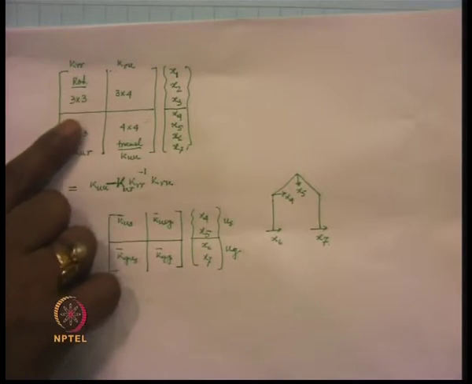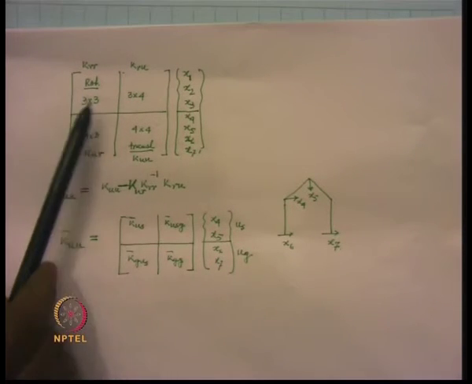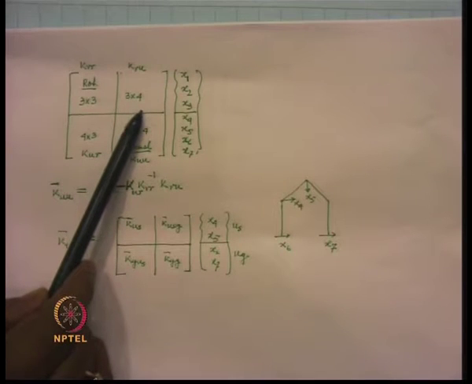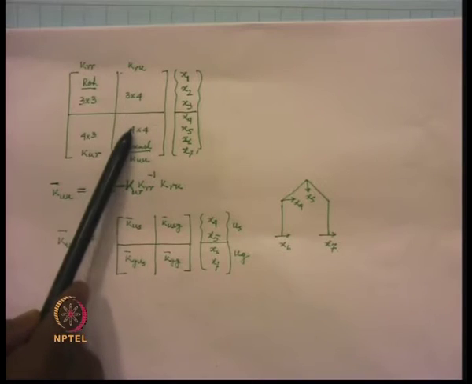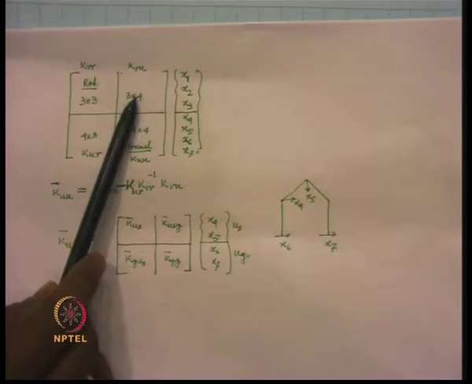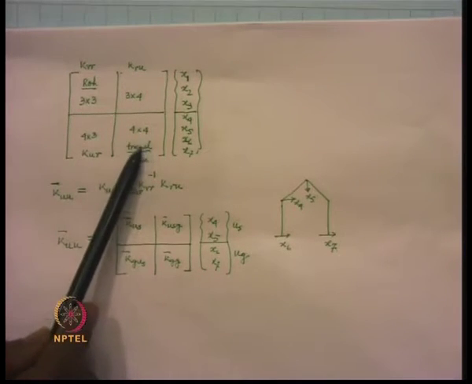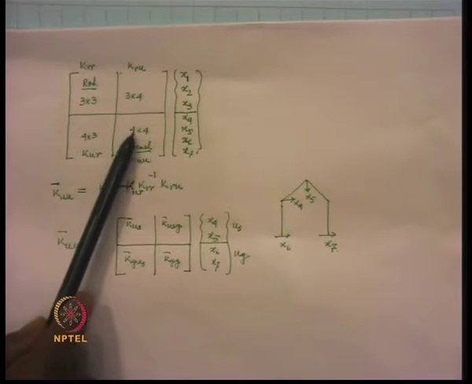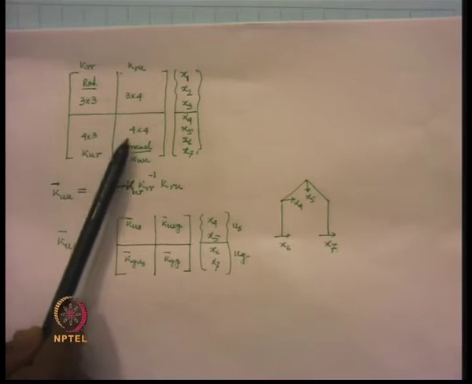So, this is the 3 by 3 matrix corresponding to the rotational degrees of freedom, and this is the 3 by 4 matrix that we are calling KRU. This is the coupling between the rotational degrees of freedom and the translational degrees of freedom, and this 4 by 4 square matrix corresponds to the translational degrees of freedom.